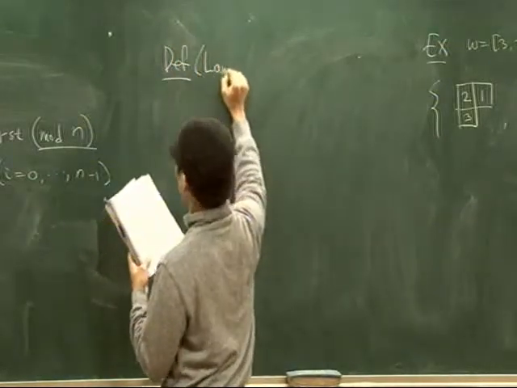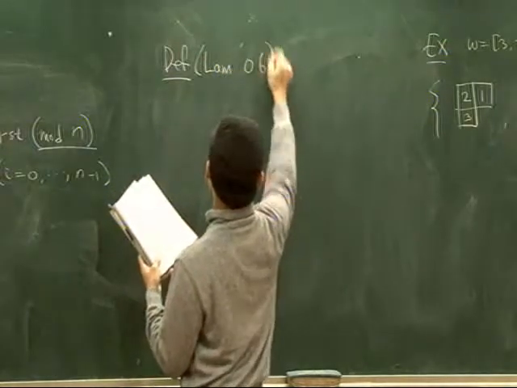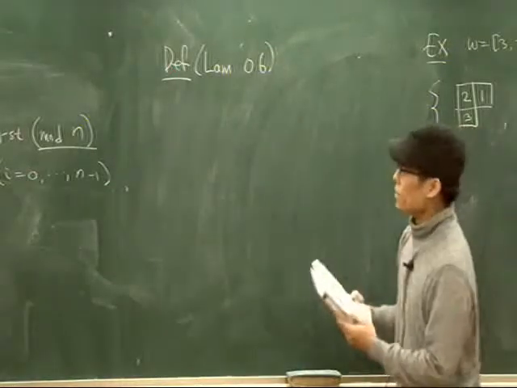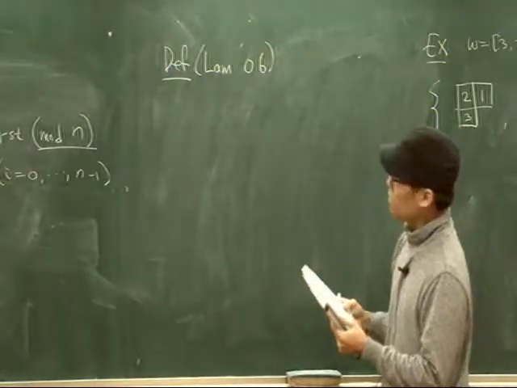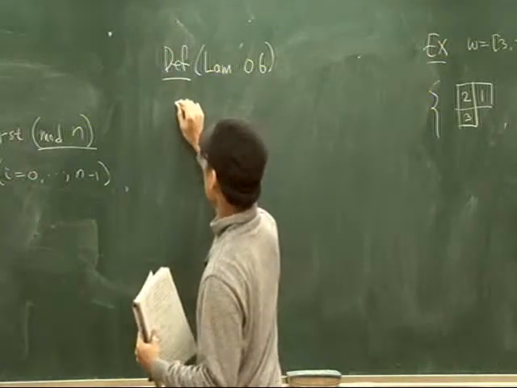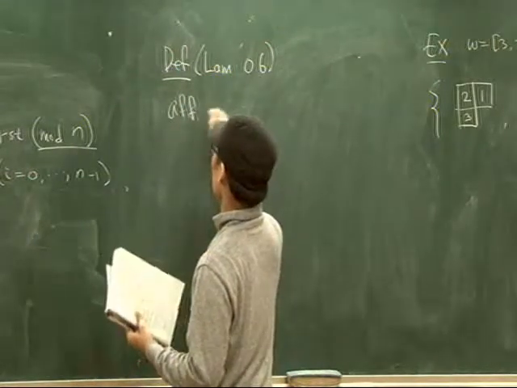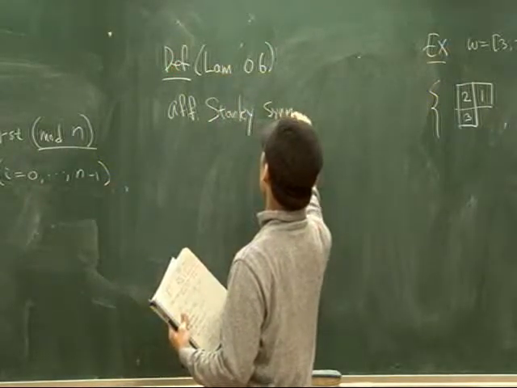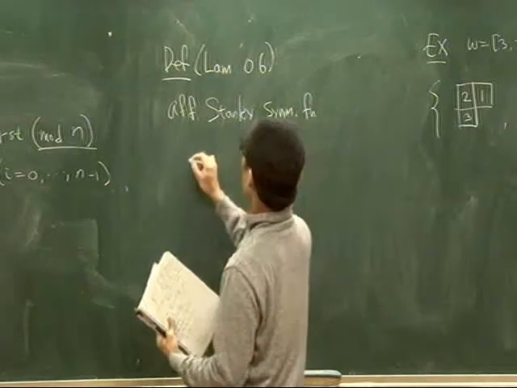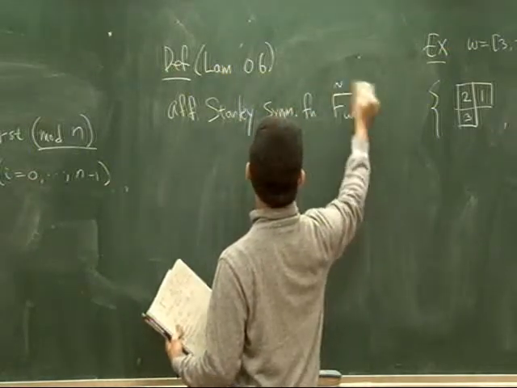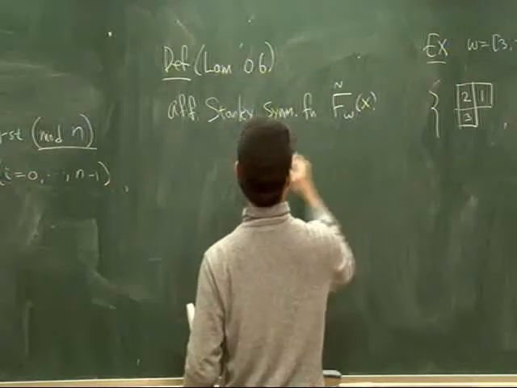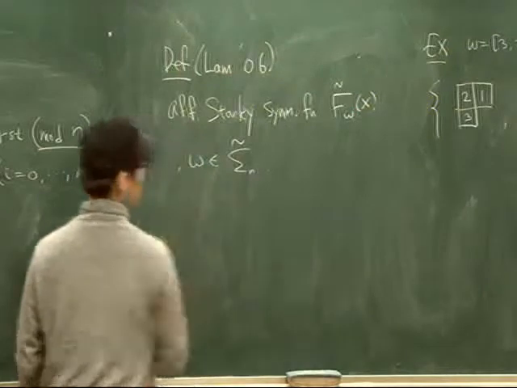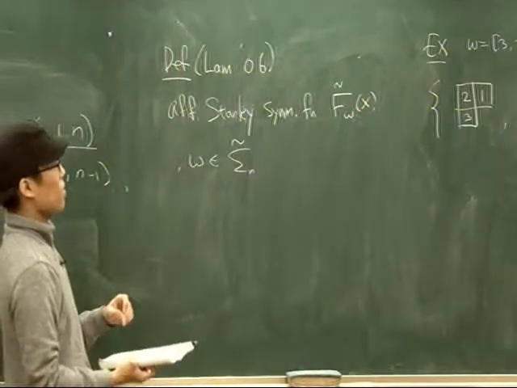Recently, well, I'm not sure if we can say recently, it's 2006, but Thomas Lam defined the affine Stanley symmetric function, F tilde_w, for all w in the affine symmetric group.